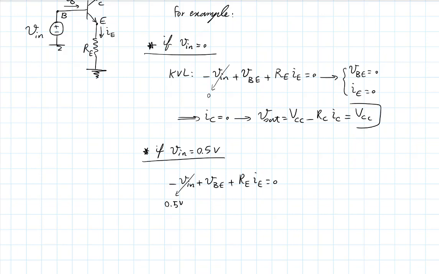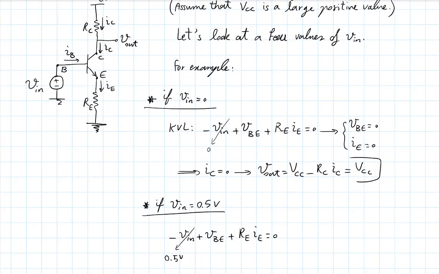The sum of the two, VBE plus REIE, is 0.5. But what is VBE and what is IE? IE is 0 and VBE is 0.5. Or you might say, in reality, IE is an extremely small number, but VBE is almost 0.5.